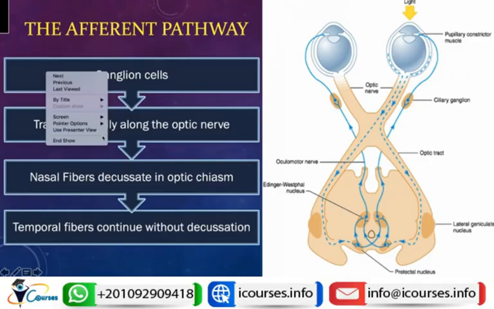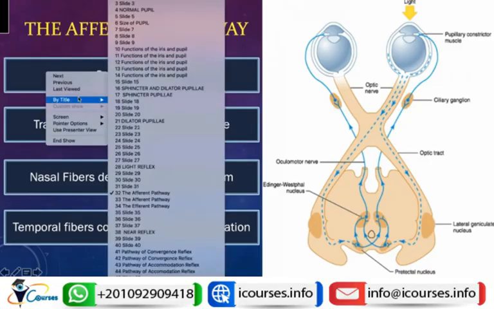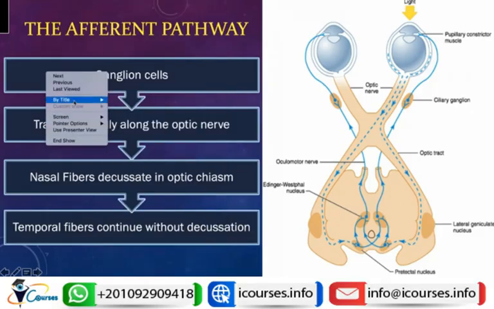So what is the pathway? This is one of the most important pieces of information that you need to know, in this lecture, in the basic course, for the basic exam, and for life, which is the light reflex pathway. So let's start.